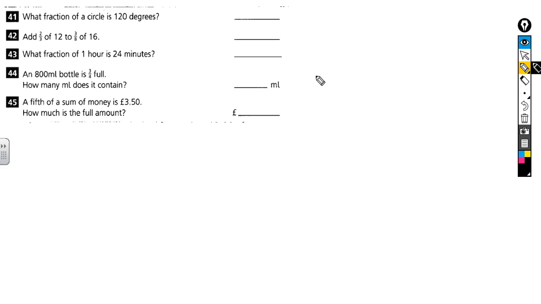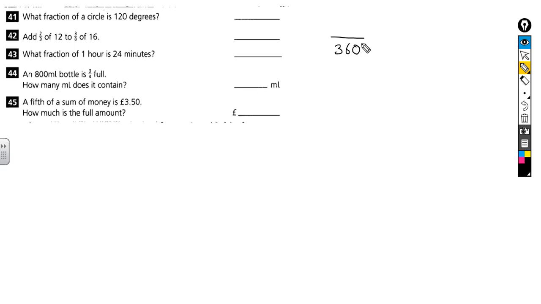Fantastic, right. Okay, so what are we asked? We are asked what fraction of a circle is 120 degrees. Okay, so we need to remember that a circle has how many? 360 degrees. Okay, so a circle has 360 degrees, and this is something you should understand and then know off by heart.